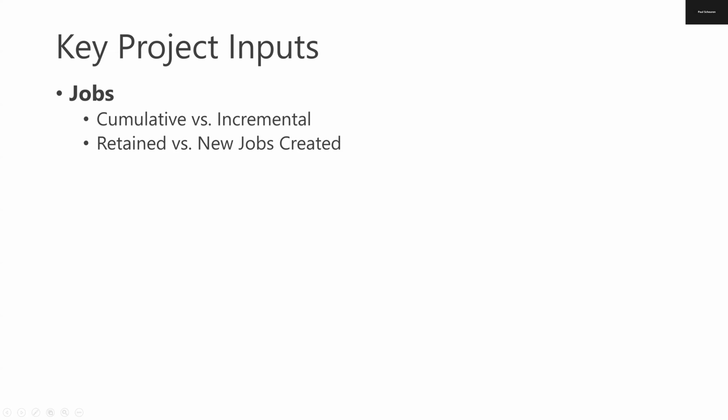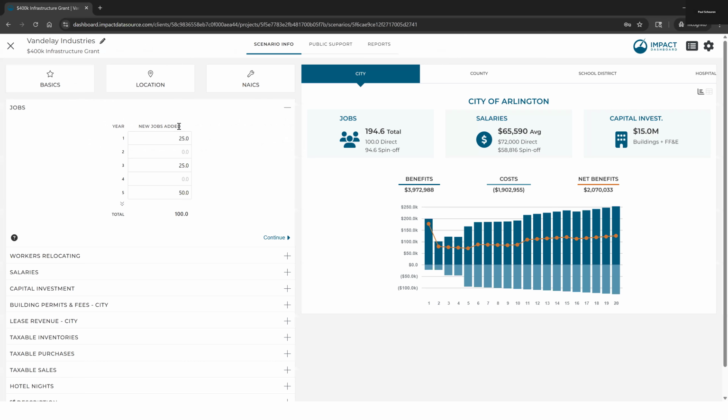Some of the things that I see are related to jobs, where the company is giving you cumulative versus incremental numbers. So they're telling you the number of jobs that they're going to have each year instead of the number of jobs that they're going to add each year. We've tried to solve for this a little bit in Impact Dashboard by giving you a running total.